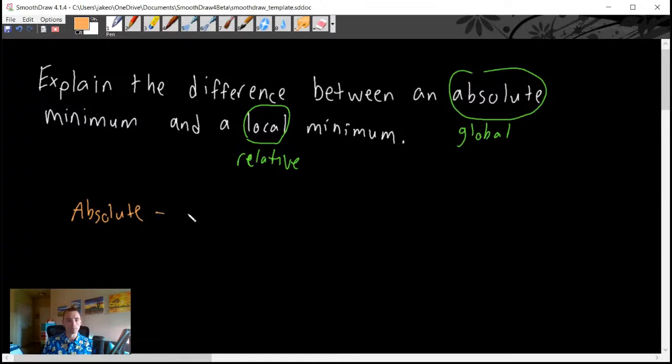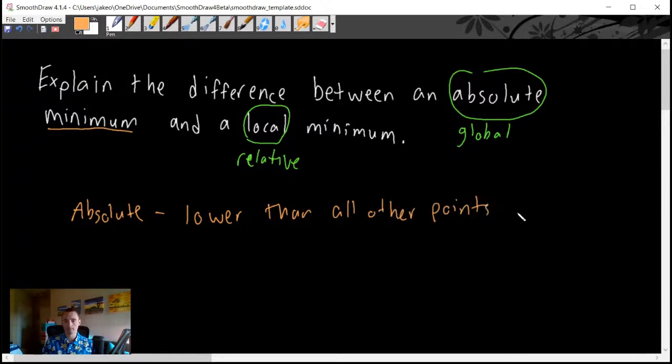It's higher or lower depending on whether you're looking at a maximum or a minimum. In this case, we're looking at a minimum. So the absolute minimum is the point on your function that is lower than all the other points on the function.